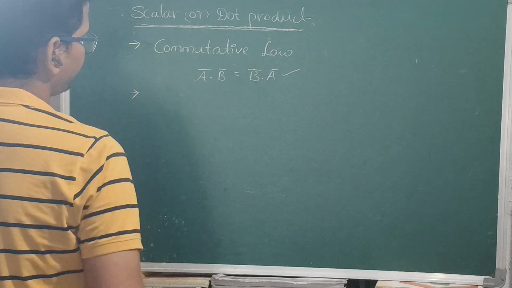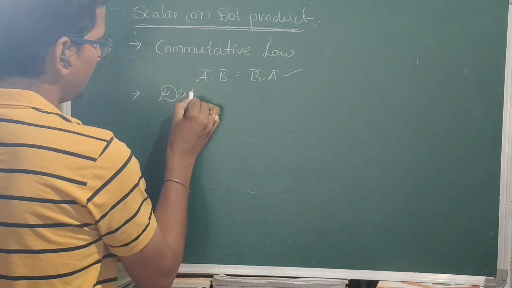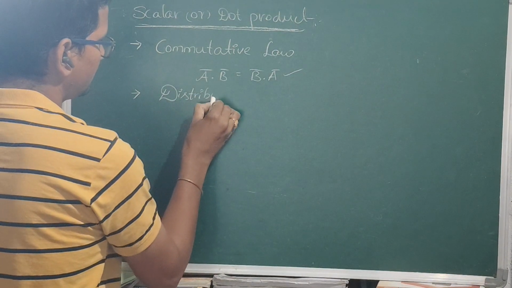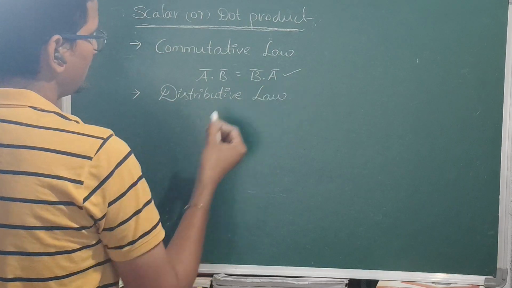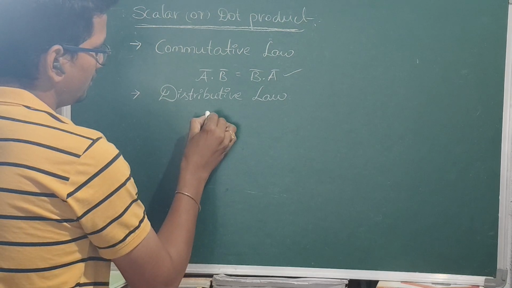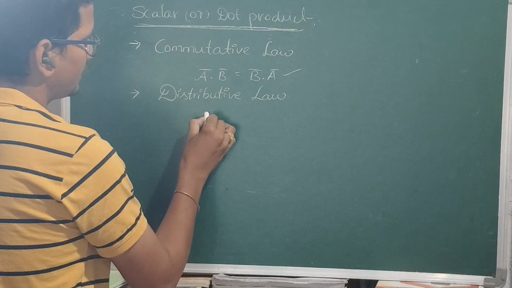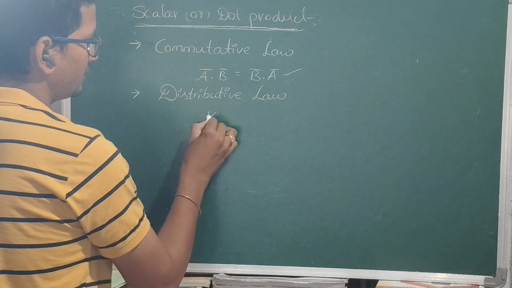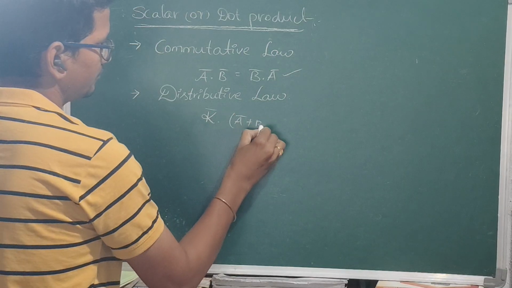And the next one, distributive law. Okay, what is the distributive law? For example, take a constant K bar dot A bar plus B bar.